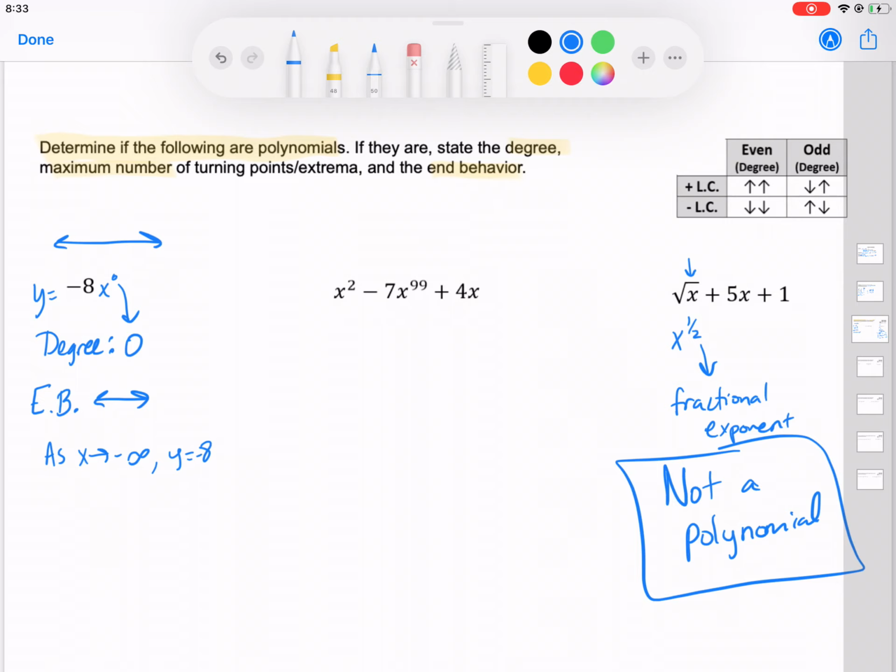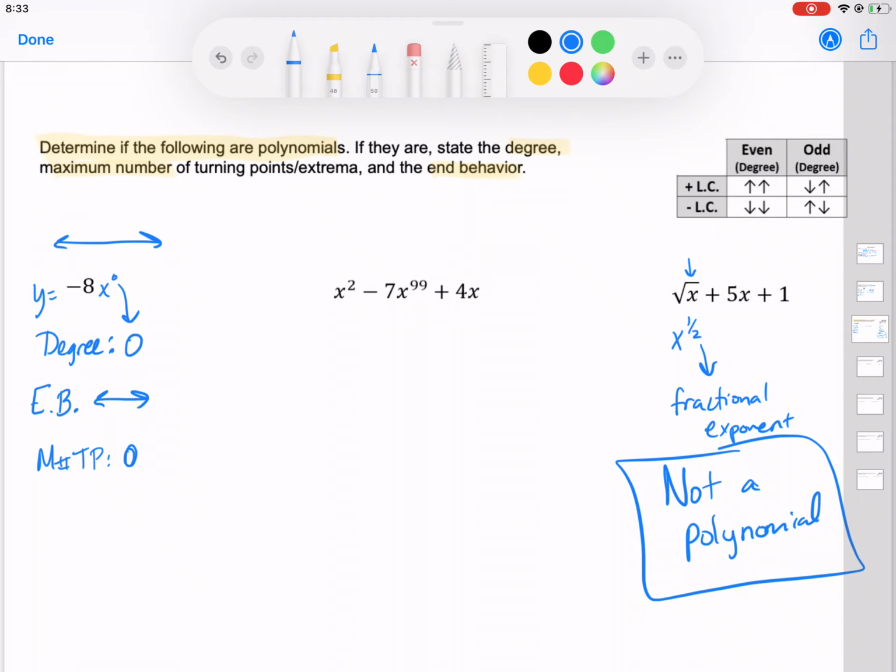But I don't need you to do that. You could do the other side as well. You can just draw a picture that says the arrows are just going to be constant on both sides. Let's get to something a little more exciting. Maximum number of turning points. If the degree is 0, you can't have a negative turning point, so it's still 0.